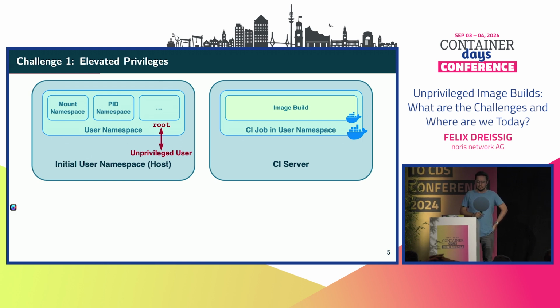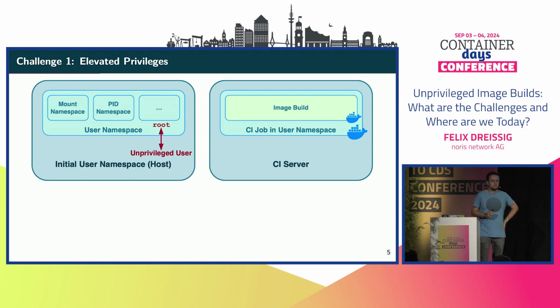We then establish a user namespace for our build container, and within that, we can then set up the image build. It might be an additional user namespace, it might not be; I don't really care too much about that. The important thing is that we have user namespaces for the outer container, the build container.